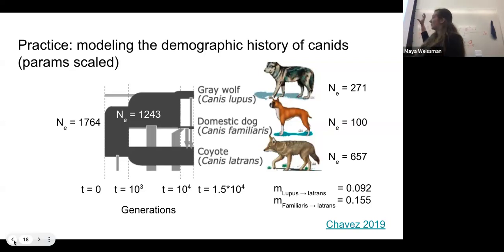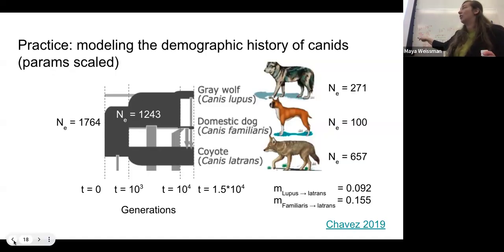This is a zoom in of a much larger figure with way more complicated demography from a paper by Chavez in 2019 that looked at the demographic history of canids. So wolves, domestic dogs, and coyotes all shared a common ancestor that had a population size of around 1,764.